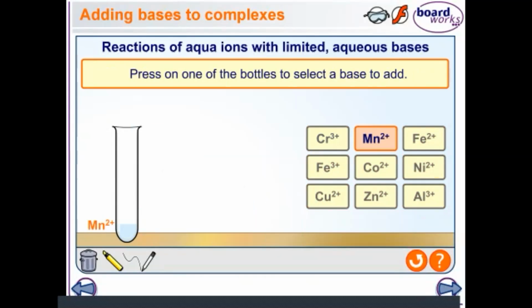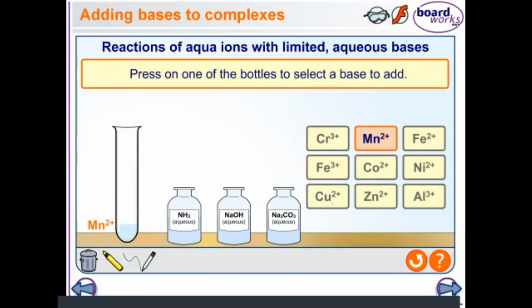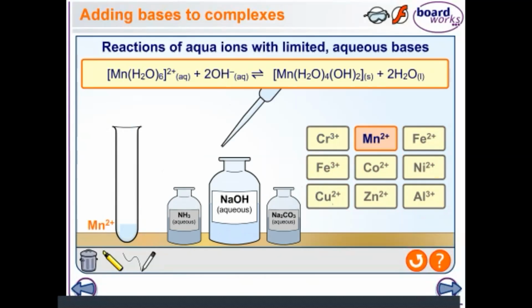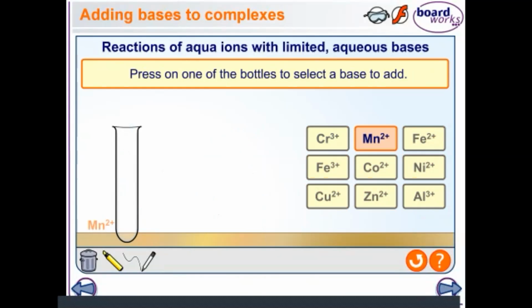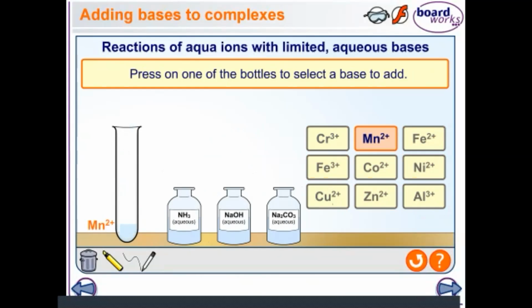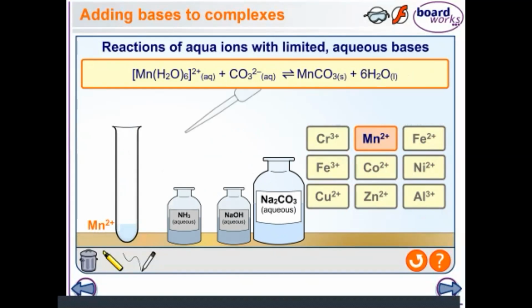Let's look at what happens when we add sodium hydroxide. As you can see, again, manganese hydroxide is formed. Solid manganese hydroxide. Let's check whether manganese 2 plus will form a precipitate when added with sodium carbonate.